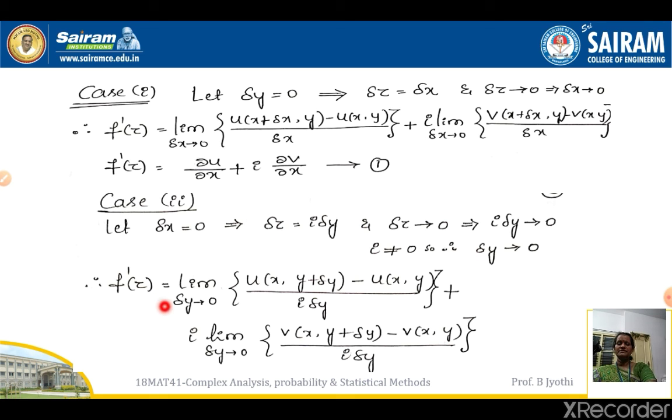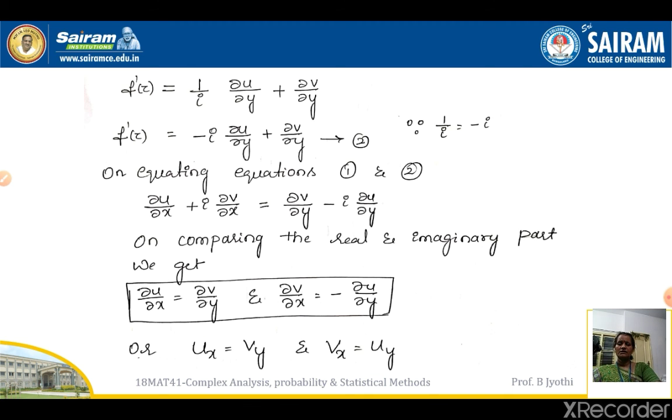Therefore f'(z) is equal to the limit as delta y tends to 0 of [u(x, y + delta y) minus u(x,y)] divided by i delta y, plus i times the limit as delta y tends to 0 of [v(x, y + delta y) minus v(x,y)] divided by i delta y. So f'(z) will change to (1/i) dou u by dou y plus dou v by dou y, and this is equal to minus i dou u by dou y plus dou v by dou y. Call this equation 2, because 1/i can be written as minus i.